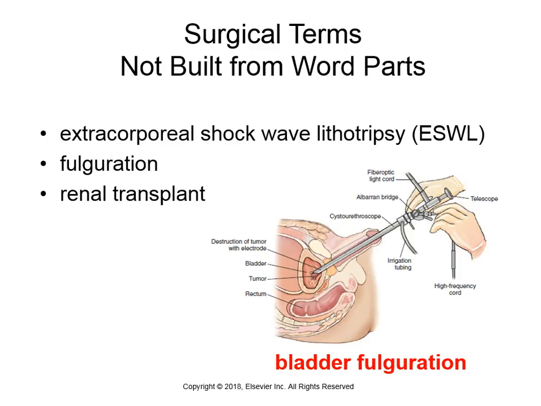All right. So surgical not from word parts is a happy short list, though the picture is not very inviting for our male friends. The first one is called ESWL, extracorporeal shockwave lithotripsy. Super long. It's also called shockwave lithotripsy.